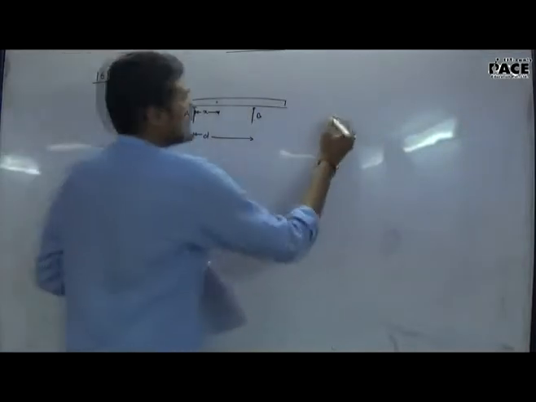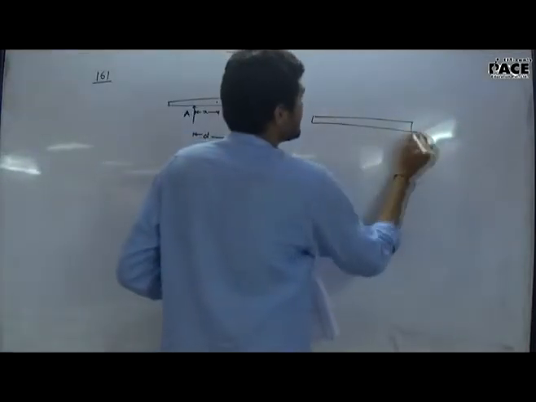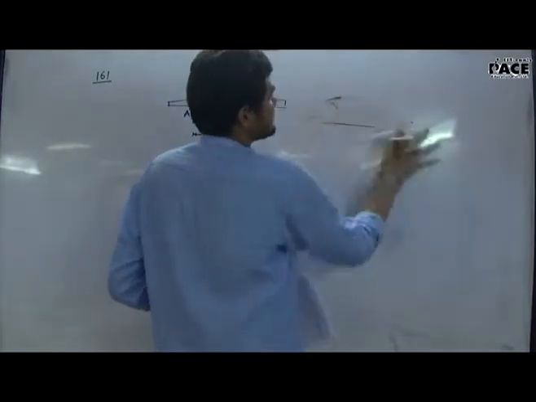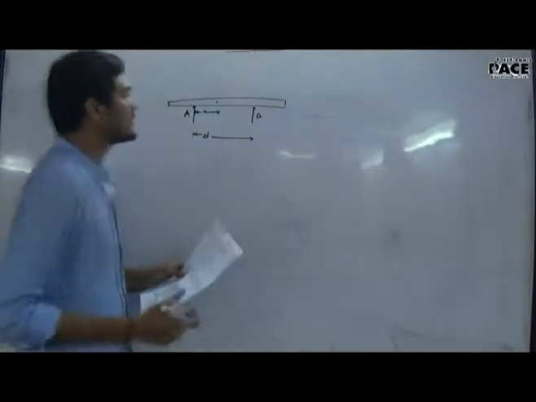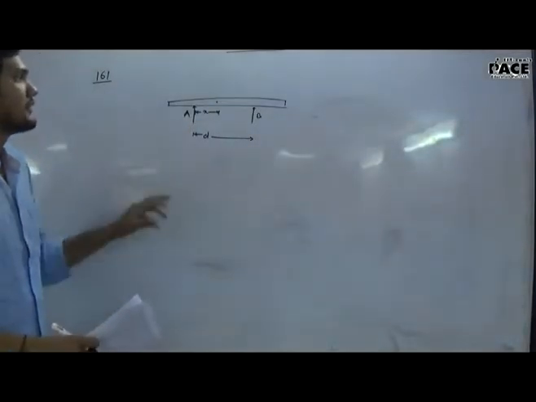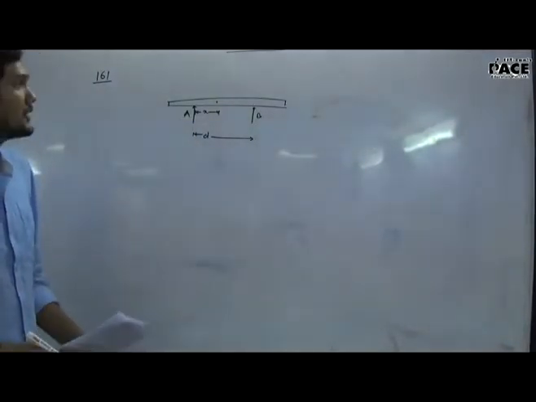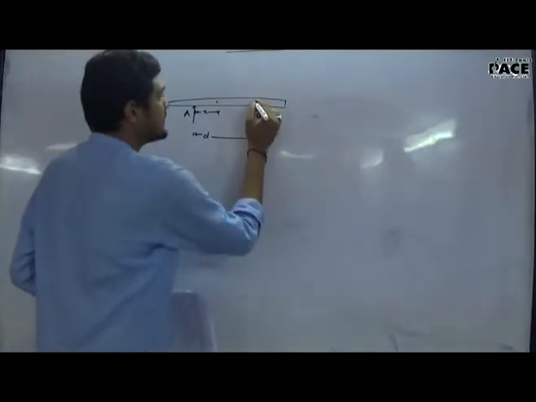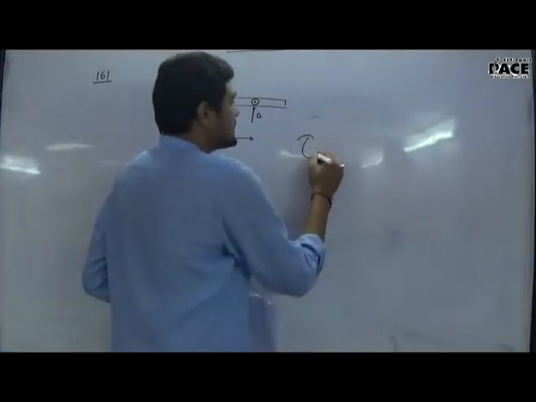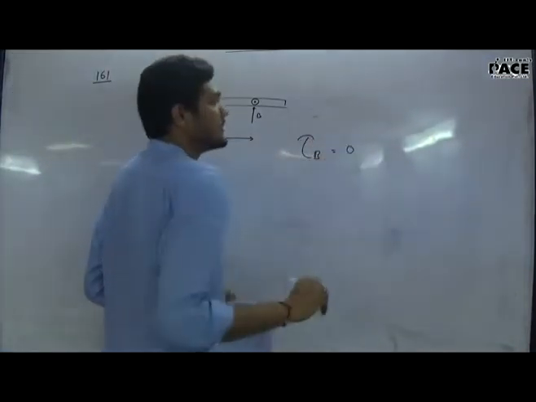We don't need to draw a separate free body diagram. Anyhow, we have to find the normal at point A. So what we'll do is consider the torque about point B. Since it is in equilibrium, the torque about point B should be equal to 0.